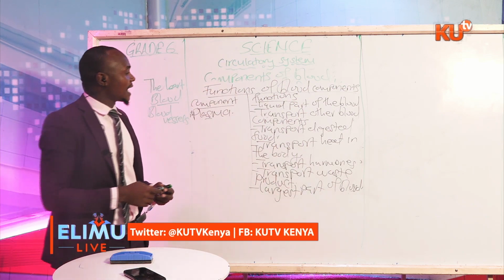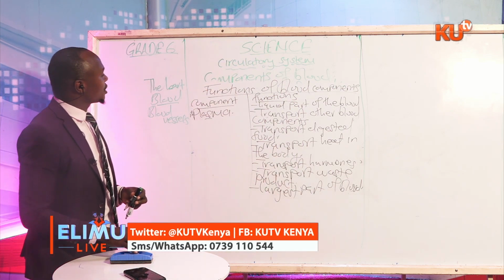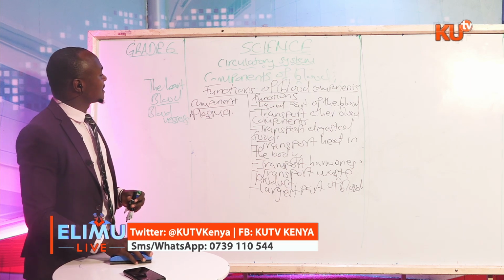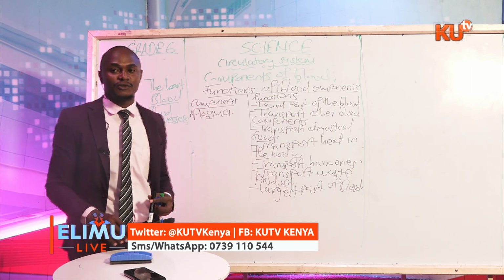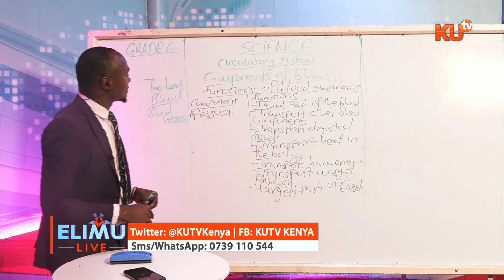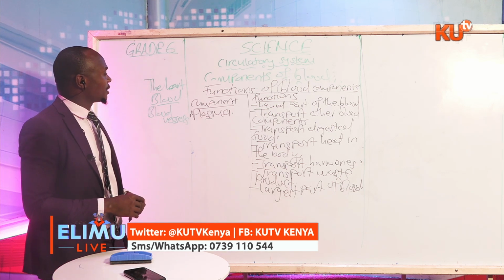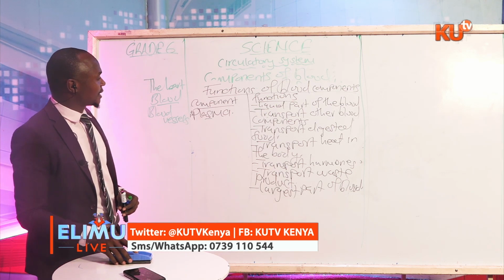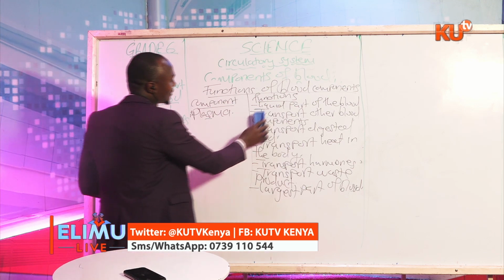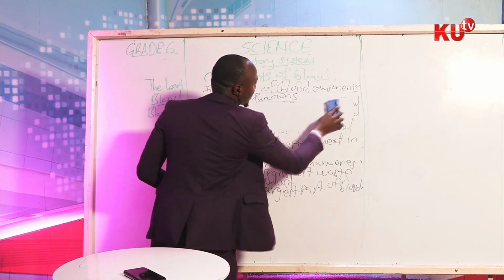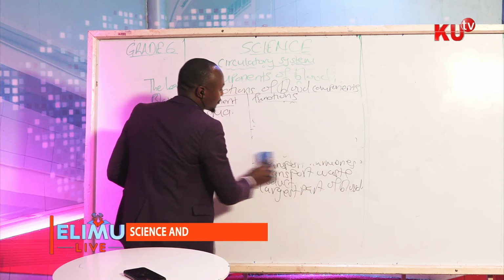Learners, having looked at that, you can now be able to highlight different functions that are played by the blood component known as the plasma. Let's have a look at the function of the other blood components.